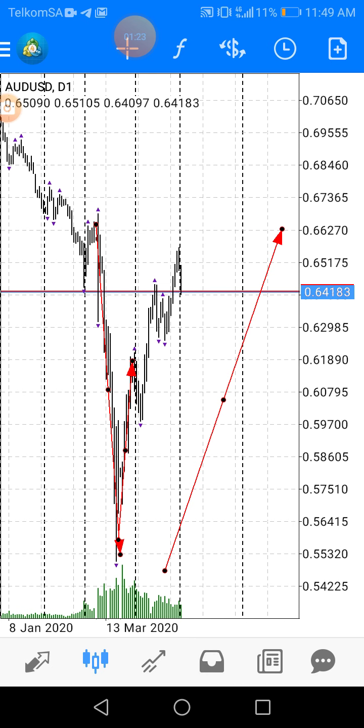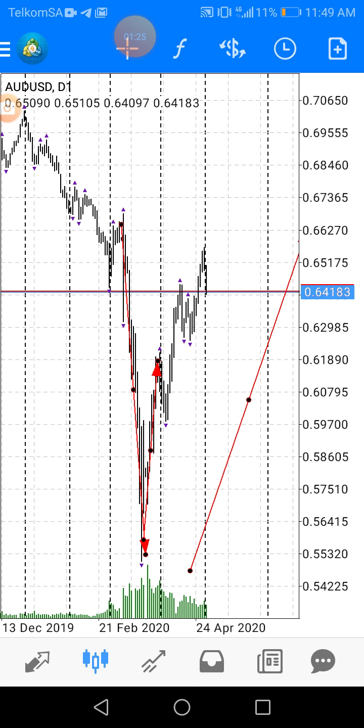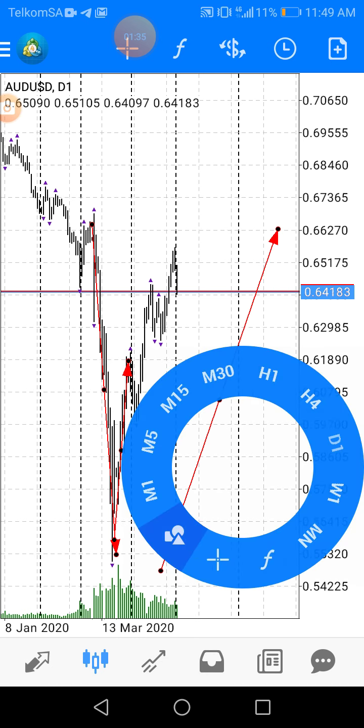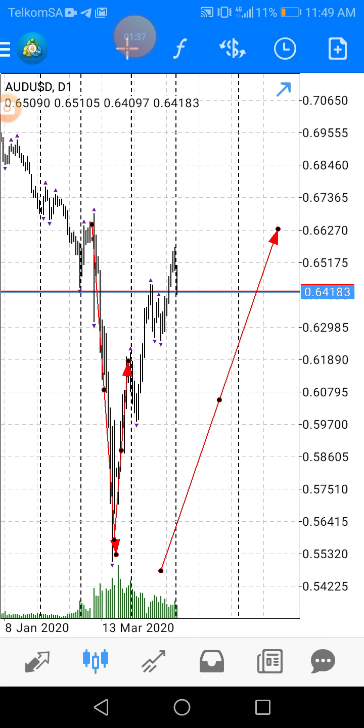Okay, and the corrective wave must be shorter than the previous impulsive wave, down or up, depending on where the market goes. So this is still a downtrend. It's still a downtrend until it breaks that bigger structure.